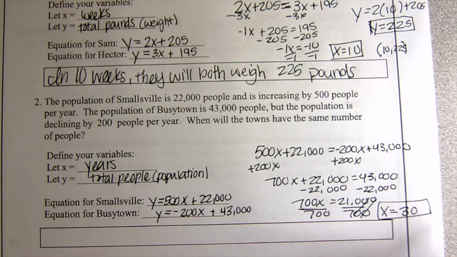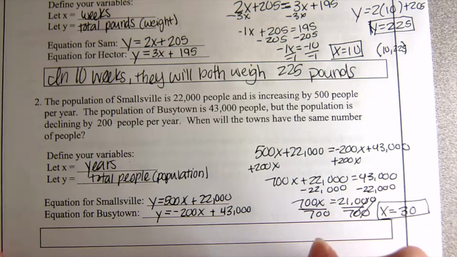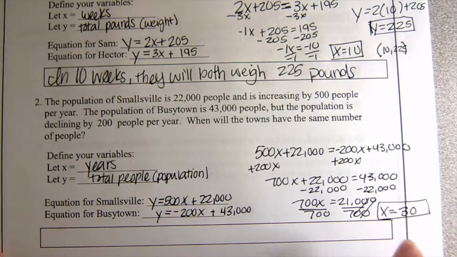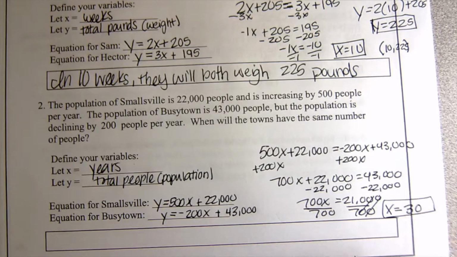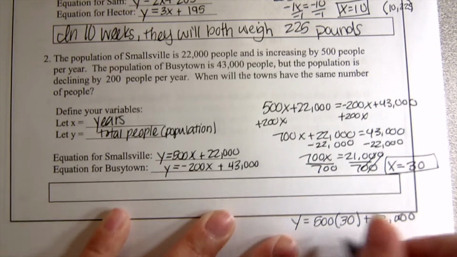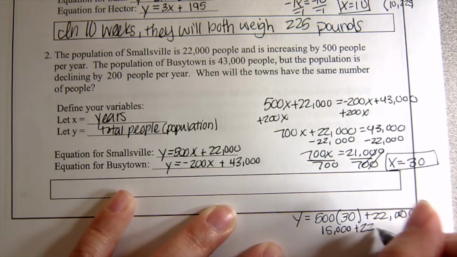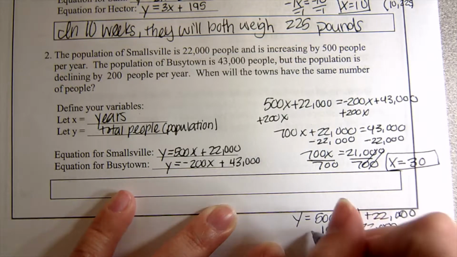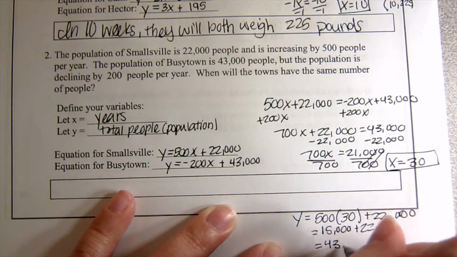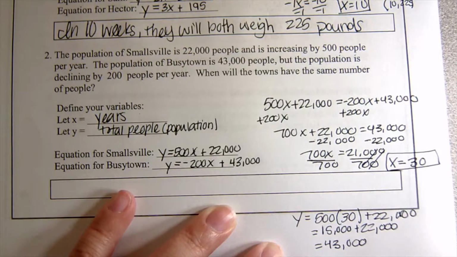And then plug that back in. So y equals 500 times 30 plus 22,000. So that's 15,000 plus 22,000, which is 37,000. So what does that mean in the context of this problem?